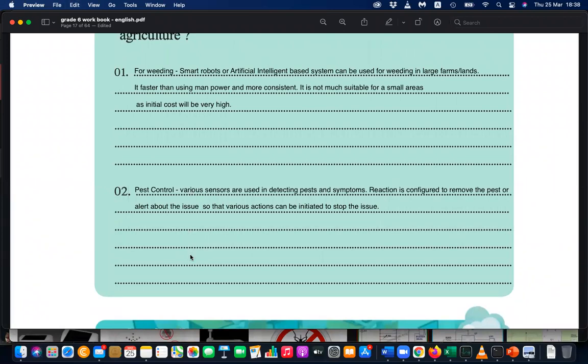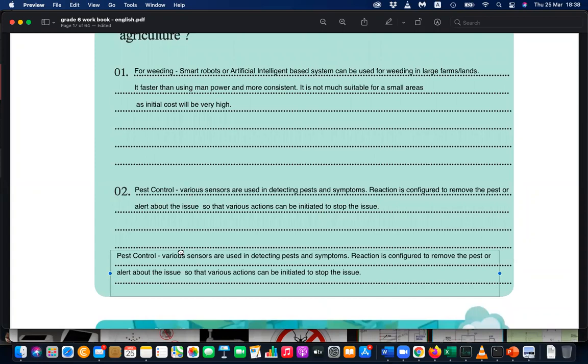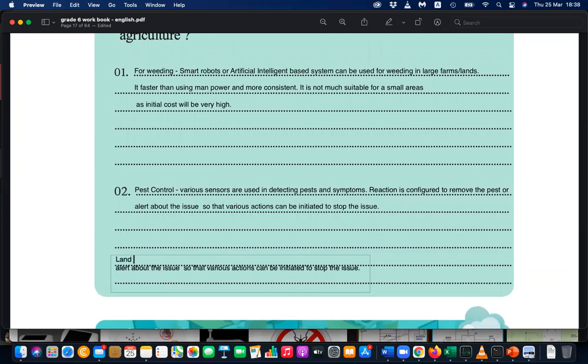Land preparation, loading and storing, or automated irrigation and automated fertilizer systems.